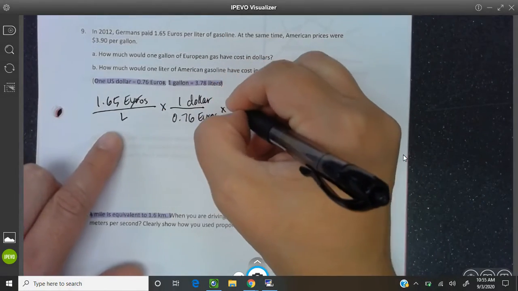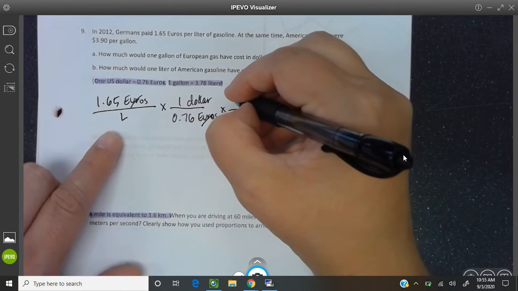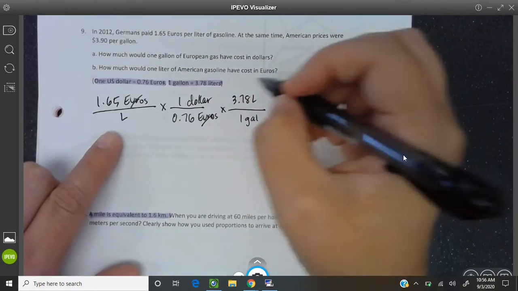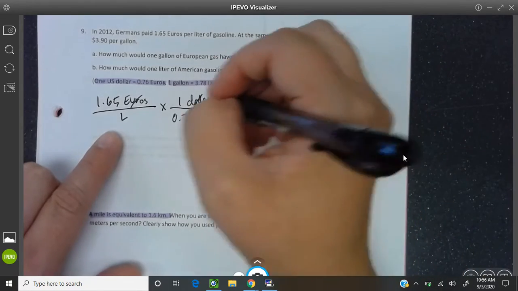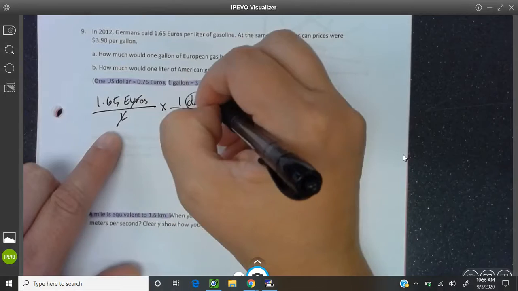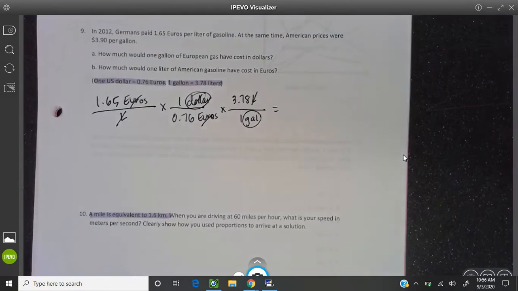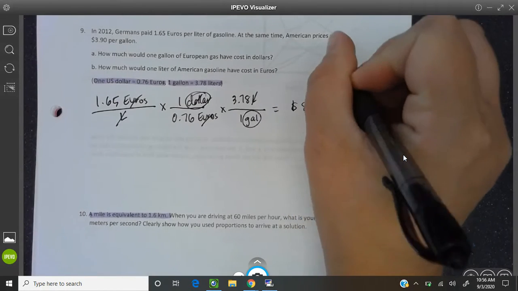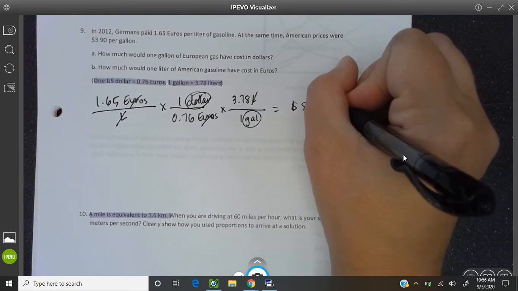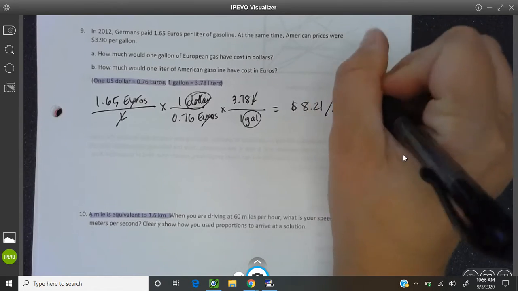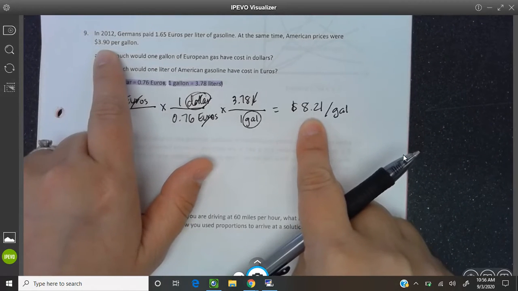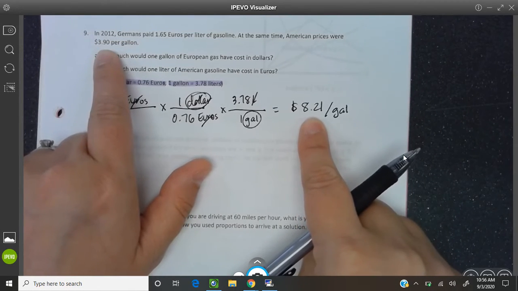Now I need to change it to gallons. So for every 3.78 liters, I have a gallon. I'm going to keep dollars, I'm going to keep gallons. And if I used a calculator to calculate this, I would end up with $8.21 per gallon, right? And that is a lot more than we pay here in the States.